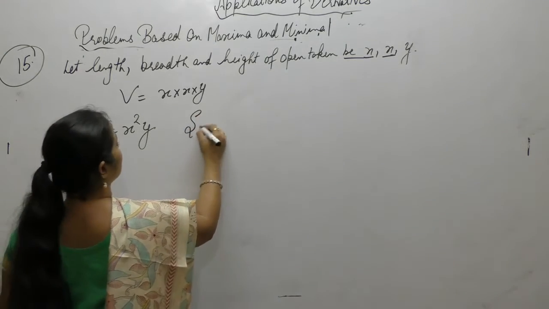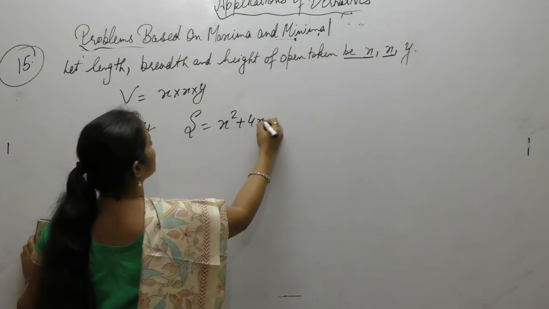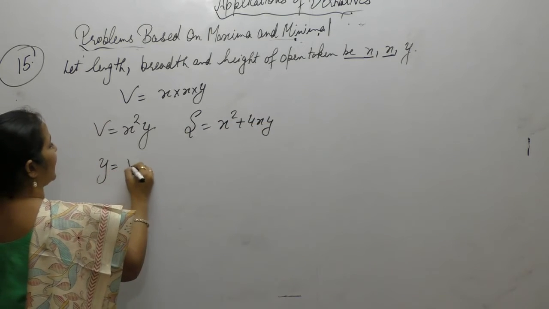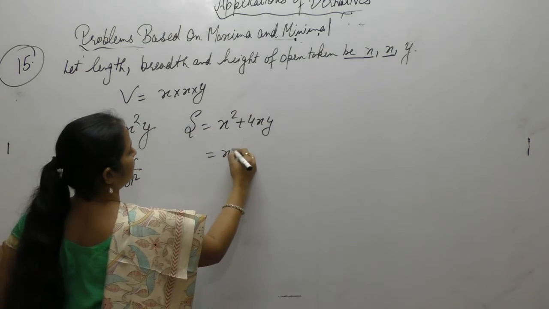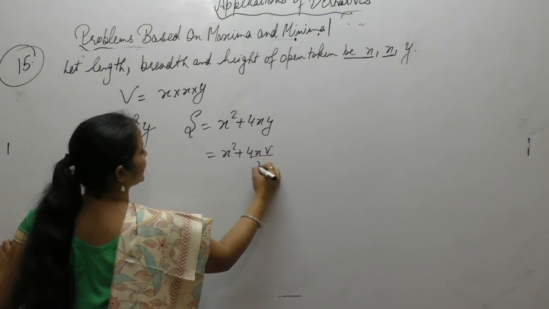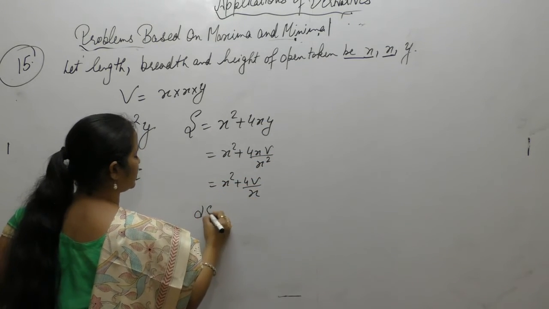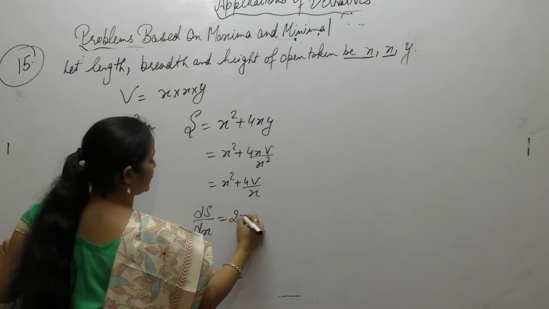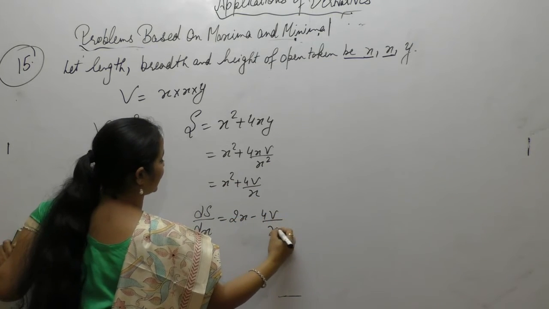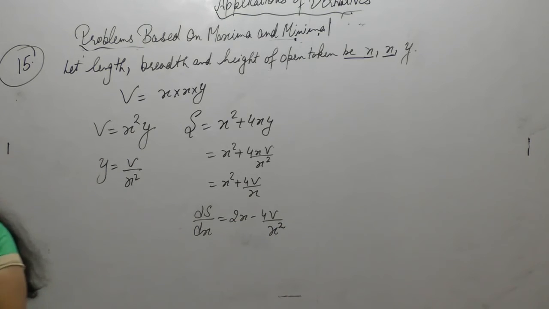Now put the value. So S is equal to x square plus 4xy. Find the value of y, V upon x square, 4x V upon x square, 4V upon x. Differentiate with respect to x. Derivative of 1 upon x is minus 1 upon x square.